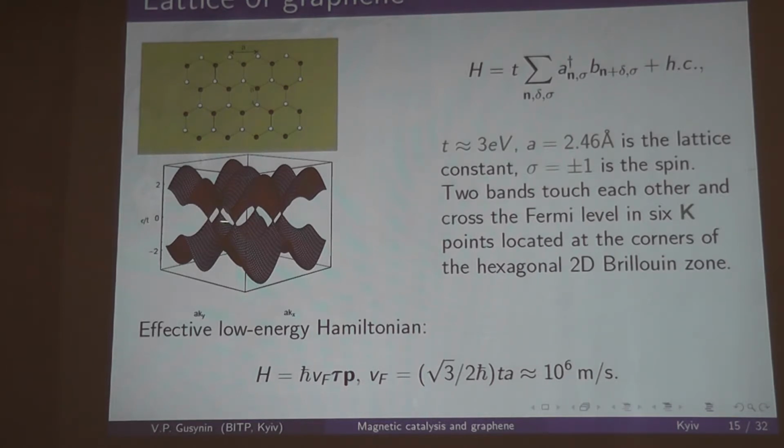And now if we linearize the spectral law near these points, we have really a new quantum number called valley. So K points are valleys.